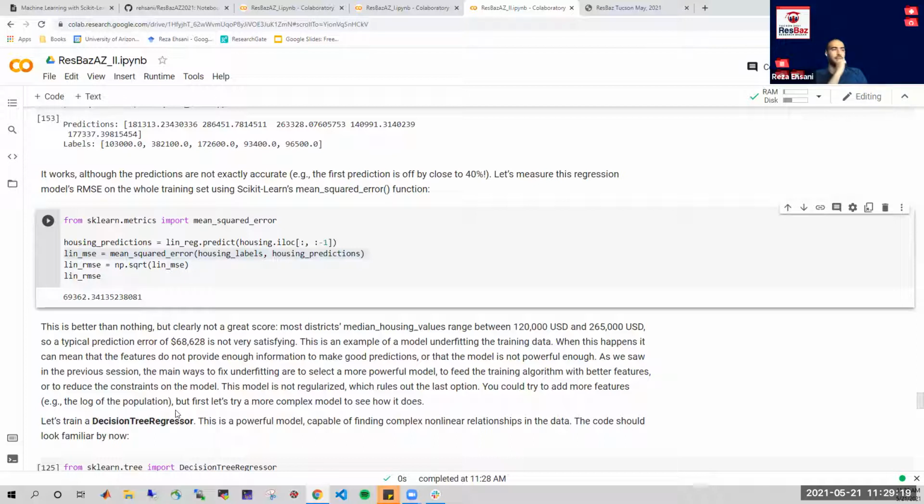When this happens, it means that, as I mentioned, we need to provide more data, more information, or use a model which is more powerful, that is, has more parameters.